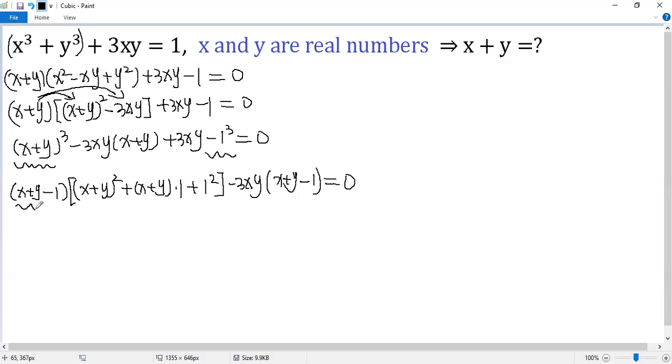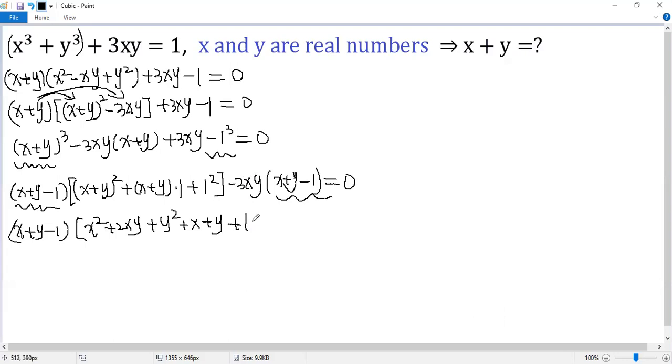Now we have a new common factor, x plus y minus 1. Take it out. So we get (x plus y minus 1) times, we expand this one, x squared plus 2xy plus y squared, plus x plus y plus 1, and then minus 3xy equals 0.